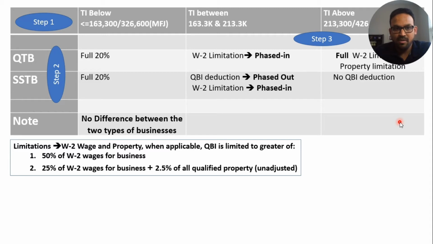If applied, it would be the greater of 50% of W-2 wages for the business, or 25% of W-2 wages for the business plus 2.5% of all qualified property. When will this limitation be applicable? If you see in this table, when your income is between 163,300 and 213,300, then this limitation will apply.